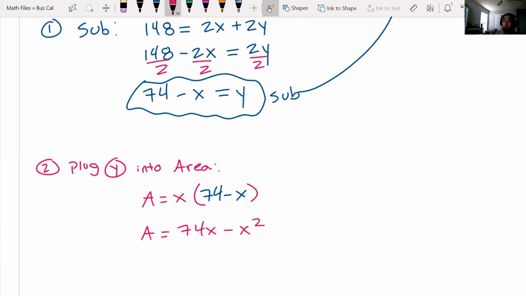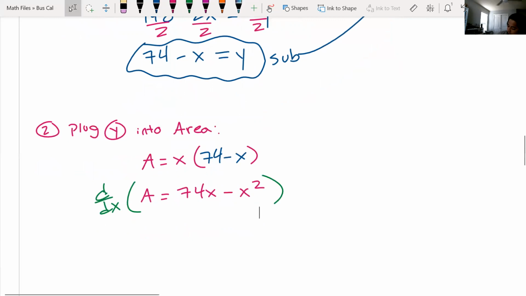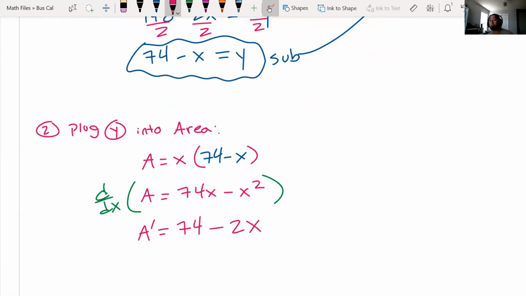So once again, we have an equation all in terms of one variable. This is all in terms of x, which means now we take the derivative with respect to x on both sides, and we'll get A prime equal to 74 minus 2x. And now, after you take the derivative, you set it equal to 0 and solve for x.